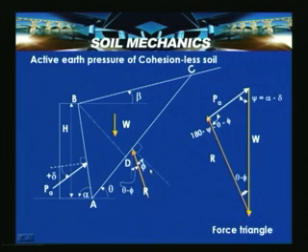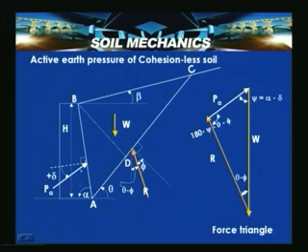With the vertical, it is theta minus phi. The failure surface AC, which gives the maximum active thrust on the wall, is assumed to be inclined at angle theta with the horizontal.